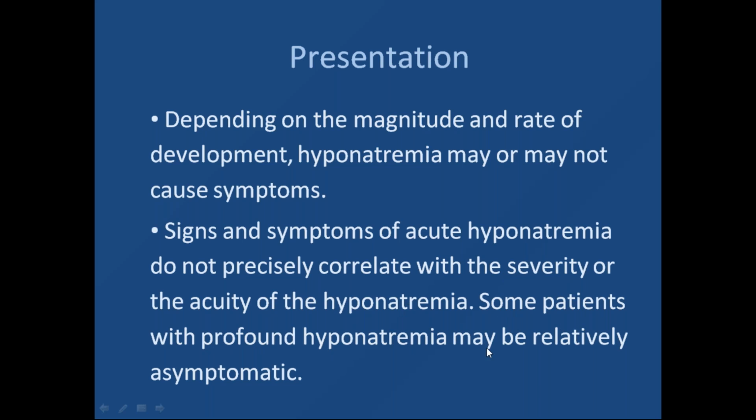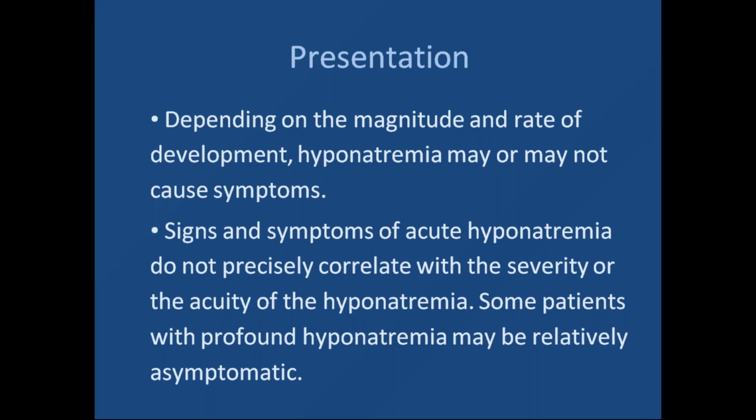Some patients with profound hyponatremia may be relatively asymptomatic. Just as I said, if it is chronic, the patient can also be asymptomatic. Normally the sodium values are 135 to 145, right?